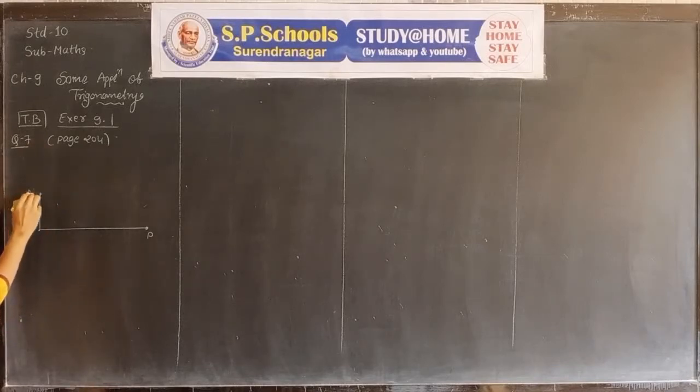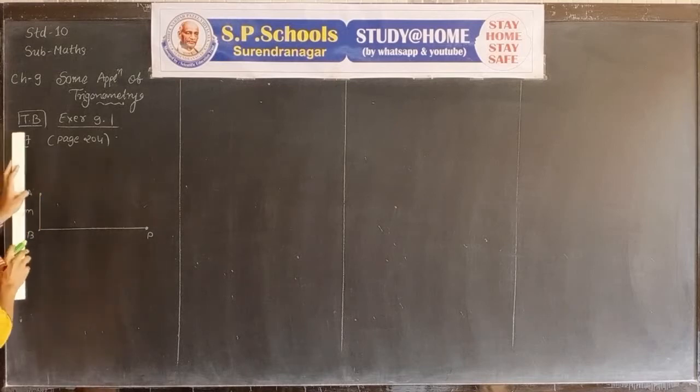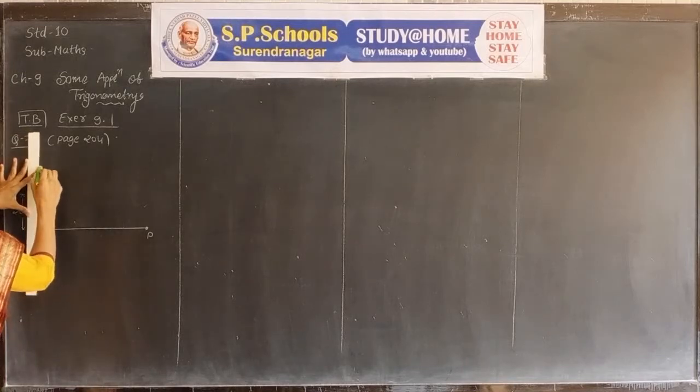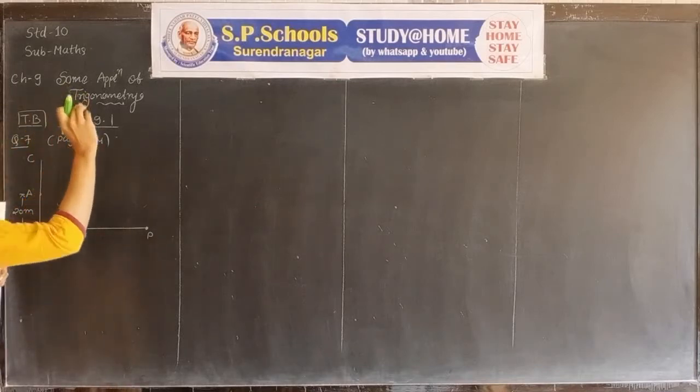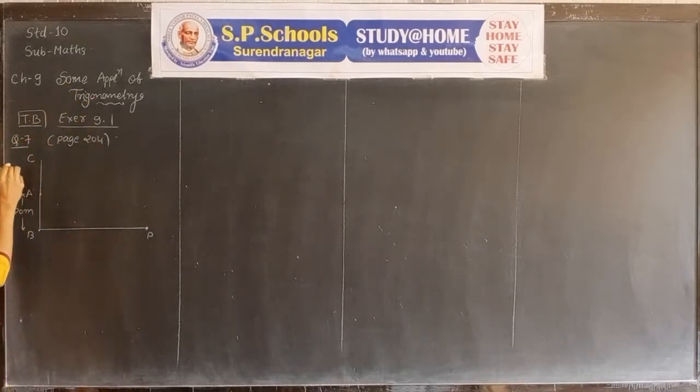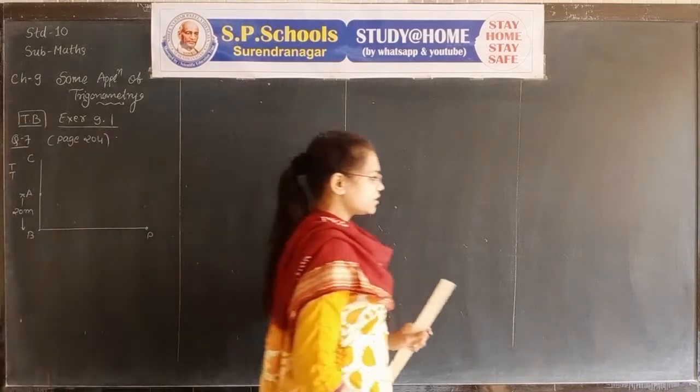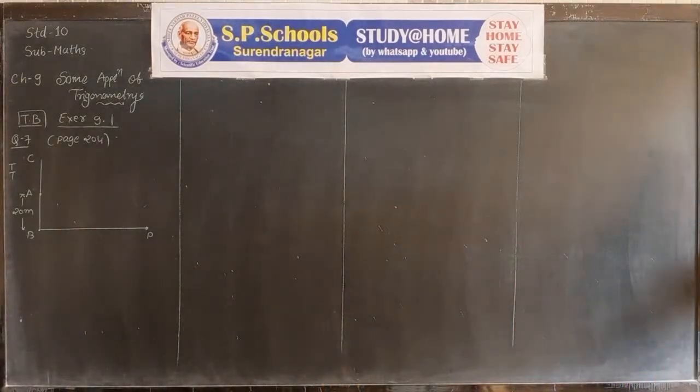Suppose AB is the 20-meter high building. The transmission tower AC is fixed on the 20-meter high building. AC is the transmission tower. Next thing is given that the angles of elevation are 45 and 60 degree.